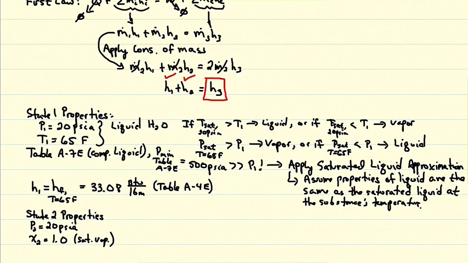And so H2 is also easily looked up. That's just the saturated vapor enthalpy at a pressure of 20 psia. And when I go to table A5E this time, since I'm looking it up by pressure, I see that my enthalpy is equal to 1156.2 BTU per pound mass. And this is table A5E.